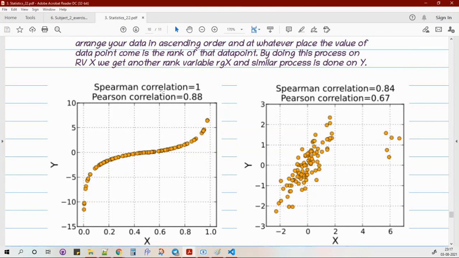And that's why, for this particular graph of a perfectly monotonically increasing function, SRCC, the Spearman rank correlation coefficient, would be 1, but PCC would be just 0.88, right? So if you consider the rank, then we don't talk about this quadratic relationship. What we care about is some correlation between x and y. Yes, there is some correlation, and we can directly get it using SRCC, just using the rank.